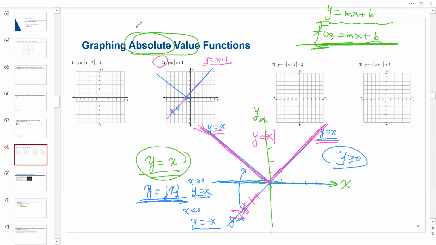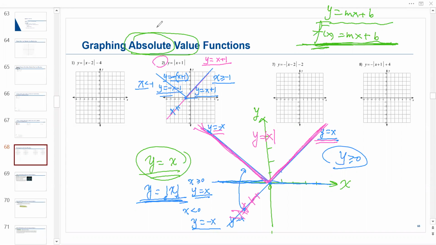This means x is greater than or equal to -1, where y = x + 1. When x is less than -1, the inside becomes negative, so y = -(x + 1), which is y = -x - 1. You understand?